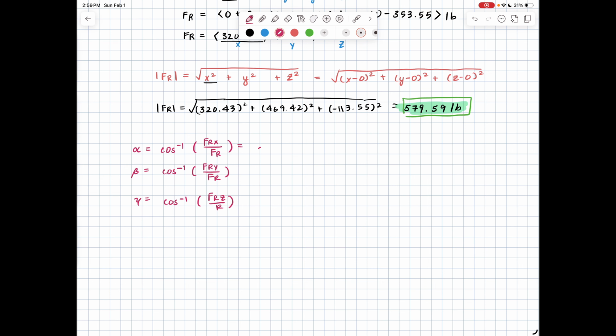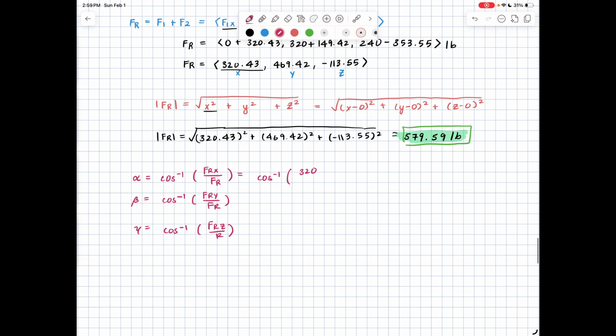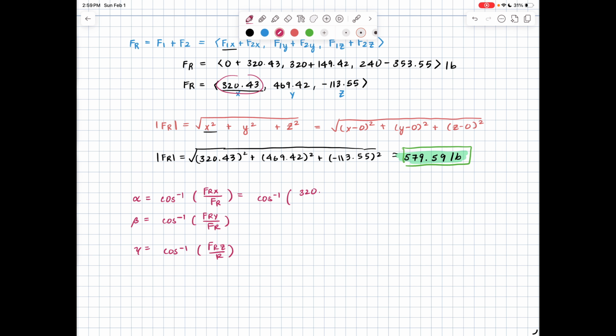Doing so, we're going to get cosine inverse of 320.43 over the magnitude, which we just calculated to be 579.59. For this one, it's going to be cosine inverse of 469.42 over the magnitude, which is again 579.59.